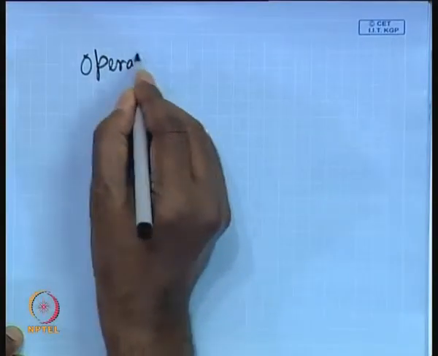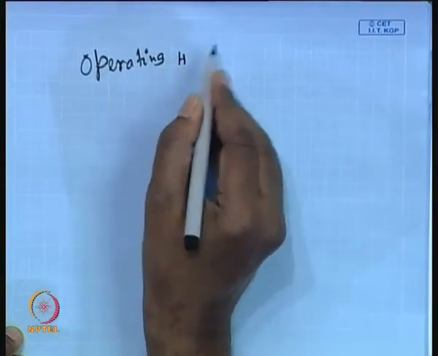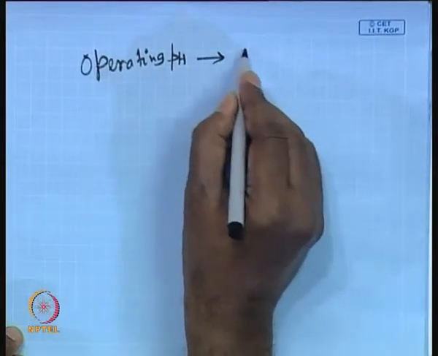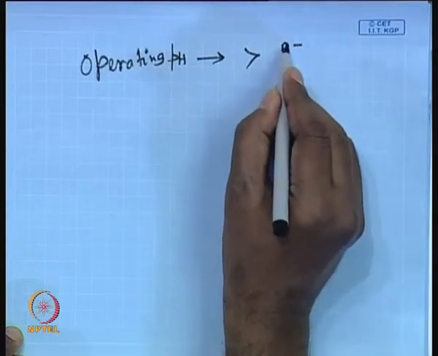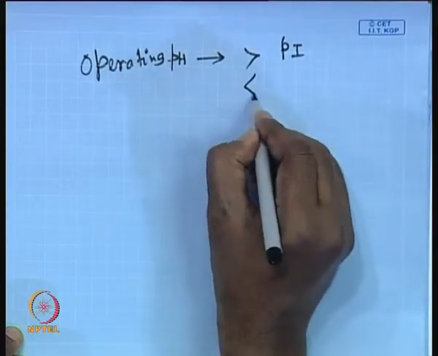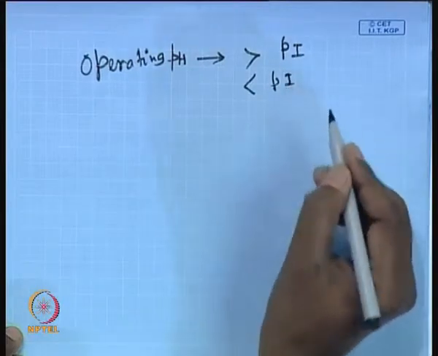If you add a few drops of HCl, the pH of the solution will go down into the acidic region. If you add some drops of sodium hydroxide, the pH of the solution will go up into the alkaline region. Therefore, one can control the operating pH above or below the isoelectric point, which we call pI.